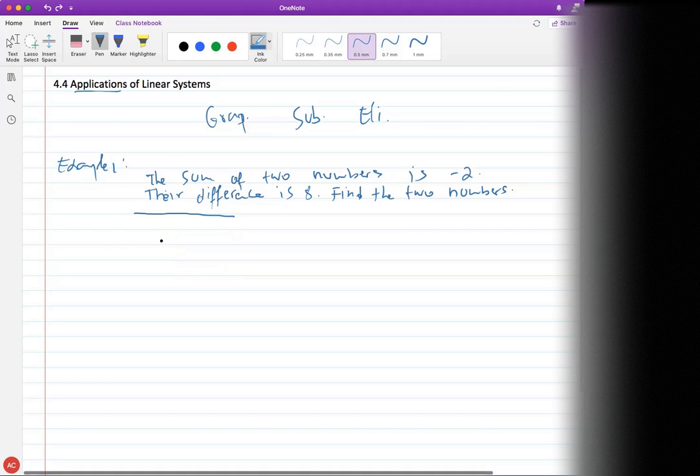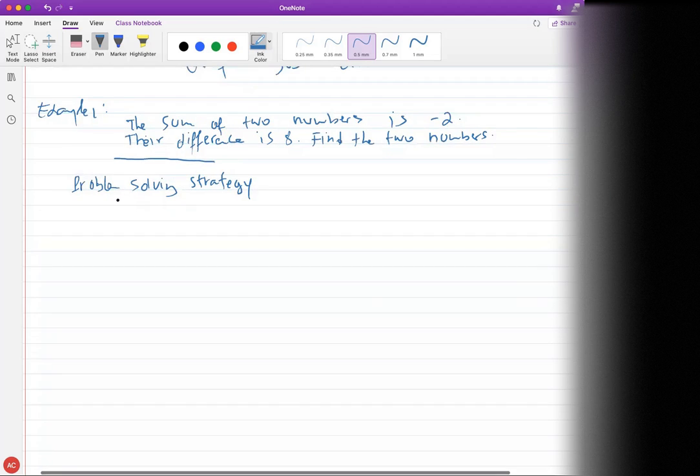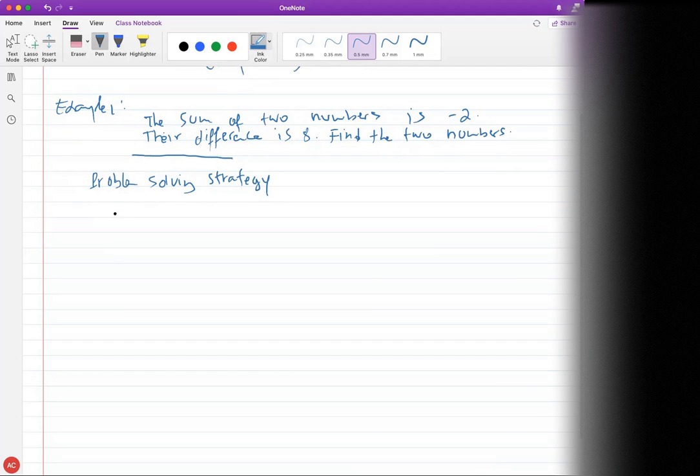So first thing with any word problem, we have a problem solving strategy or procedure. First thing is to read and understand the problem.